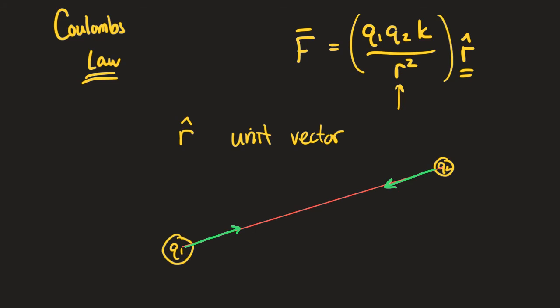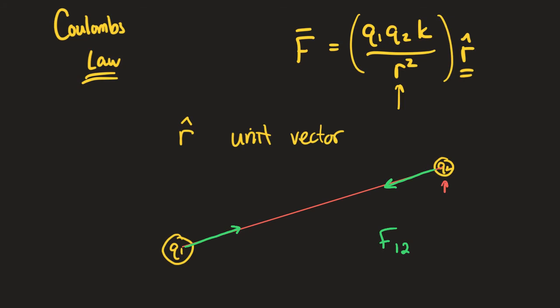That if I want to know the force on particle 1 from particle 2, then I would have to draw a line from particle 1 to particle 2. And here's the deal. The force on particle 1 from particle 2 means particle 2 is the origin.